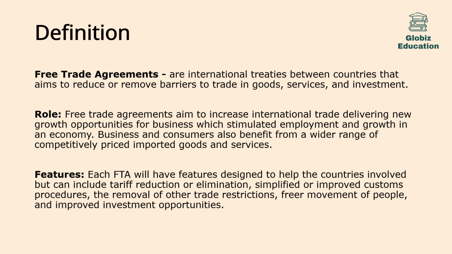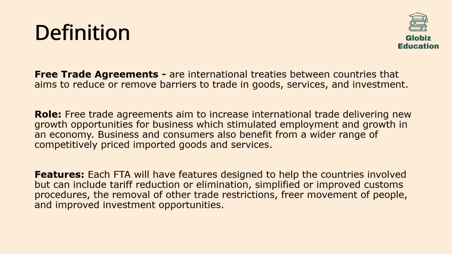So free trade agreements in general are treaties between one or several countries that aim to reduce or remove barriers to trade in goods, services and investment. So what is the overall role of free trade agreements? It is to increase international trade.